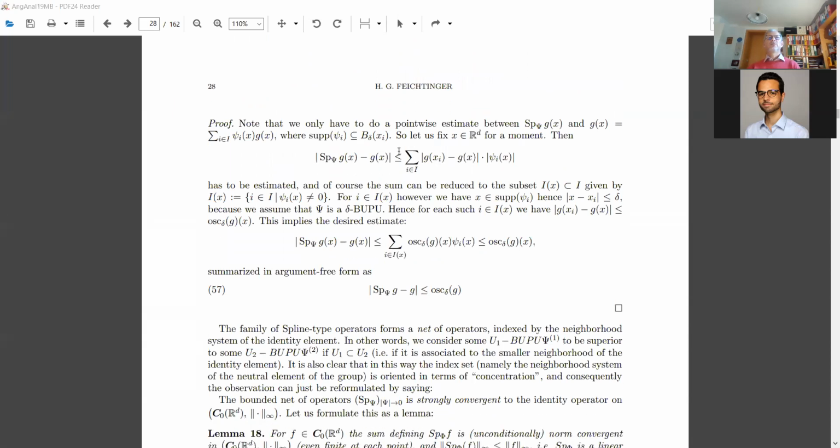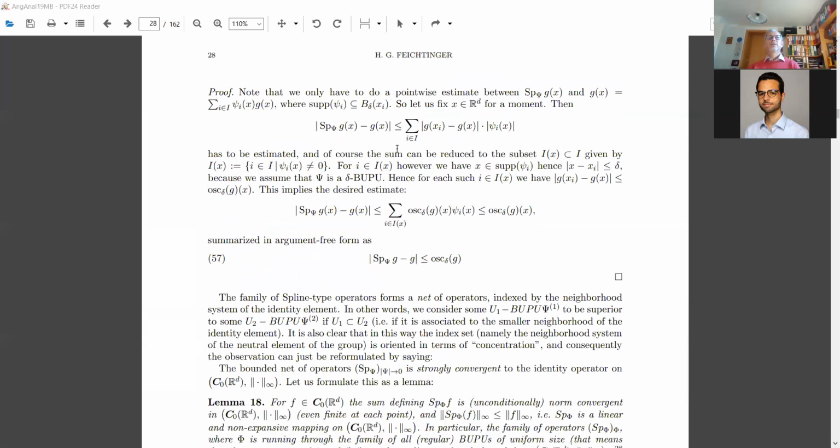Now, the first term is the pointwise estimate. So what is SP psi of g minus g? And we have two facts. The sum of the psi i is constant 1. So what you're doing, to get to the right-hand side, is you just write g as g times 1. But g times 1 is the sum of the psi i times g.